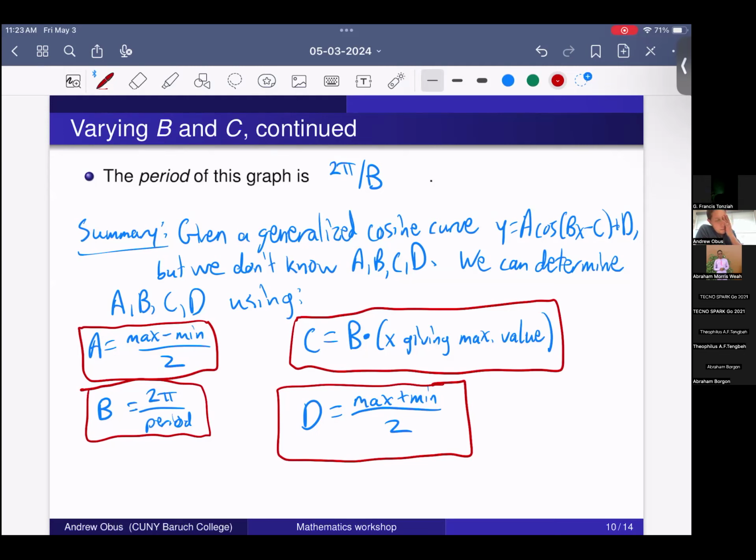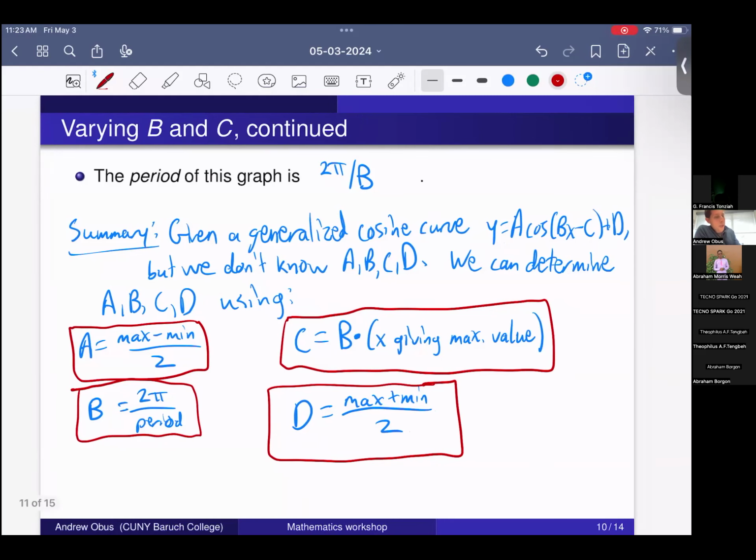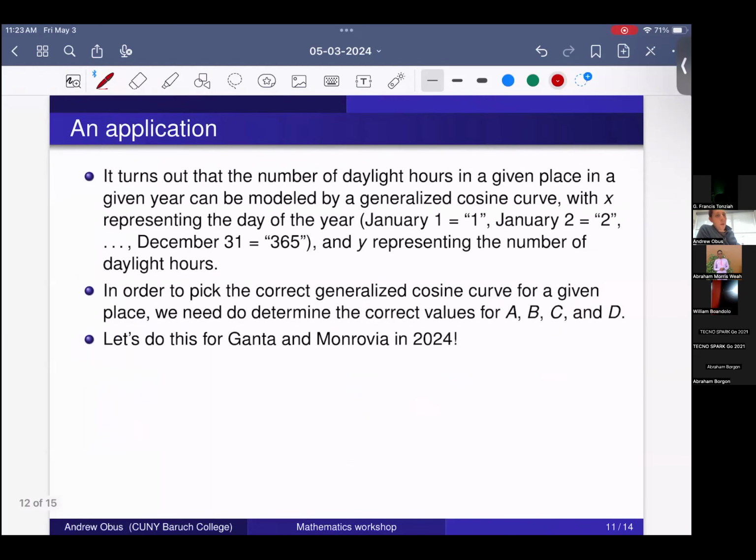So why would you want to determine these coefficients? Well, let me give the following application. It turns out that the number of daylight hours in a given place in a given year can be modeled by a generalized cosine curve, where x represents the day of the year. So x ranges from 1 to 365.